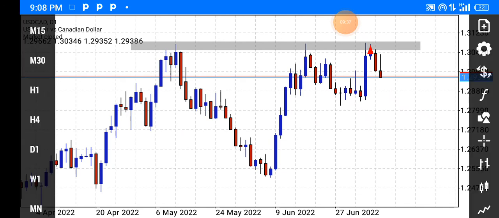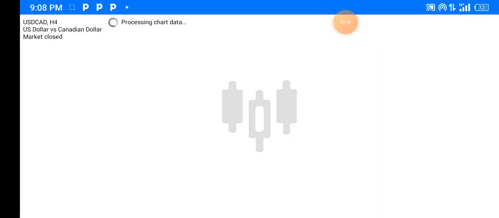Let's move on to the 4-hour time frame. Let's see what we're expecting there. We are still finding out that the dollar is very strong at this moment. So on this USD Canada pair, I'm only looking for an opportunity of buying the dollar, based on the report that the dollar is very strong.